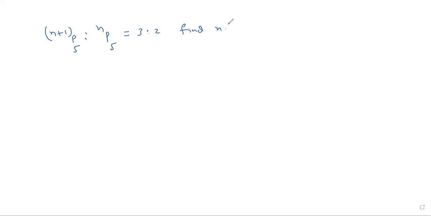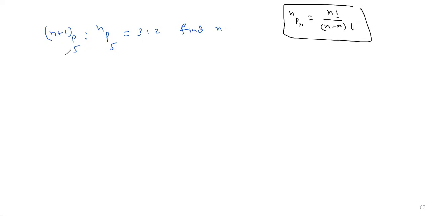Again formula related. How to solve? Use NPR. What is NPR? N factorial by N minus R factorial. Apply here: N plus 1 factorial by N plus 1 minus 5 factorial.